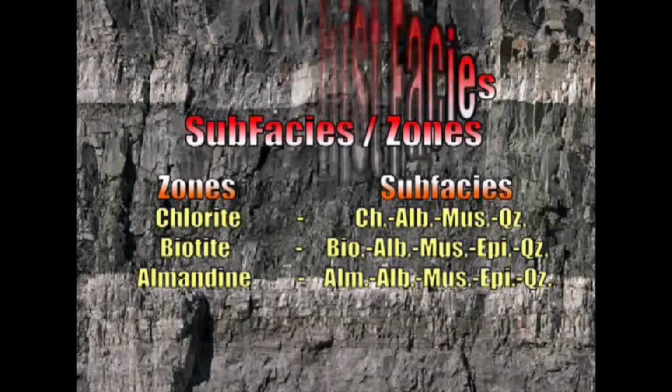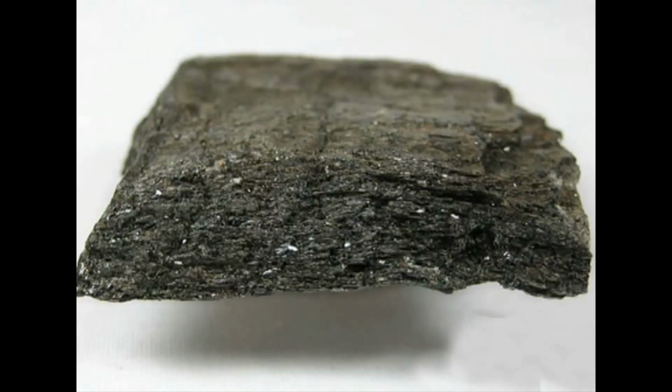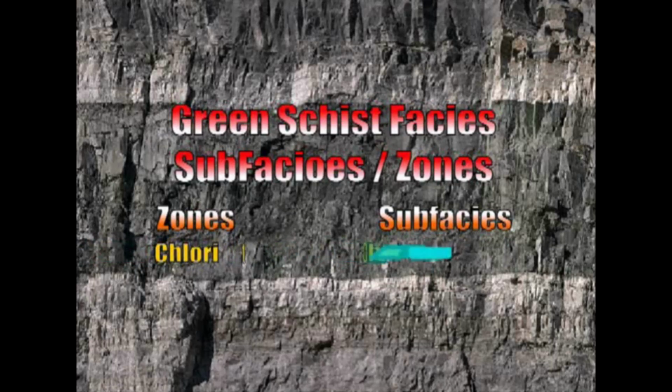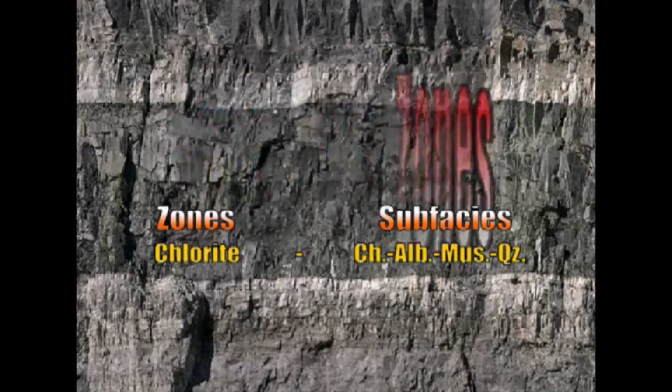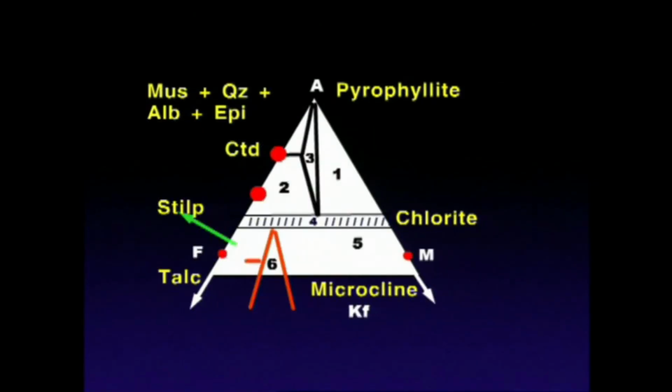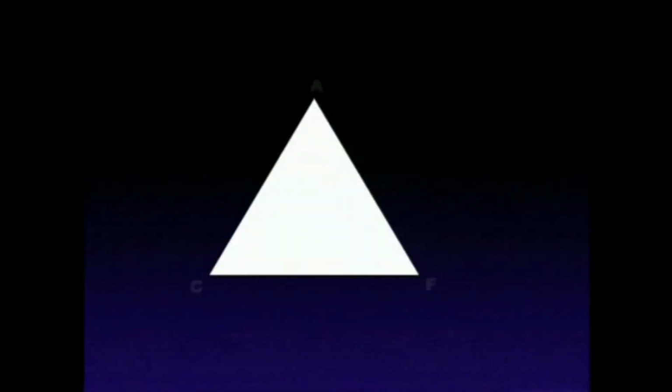Mineral assemblages and metamorphic reactions in the different subfacies or zones. Chlorite zone, or quartz, albite, muscovite, chlorite subfacies: on the basis of ACF, AKF and AFM diagrams, we can identify the different mineral assemblages.